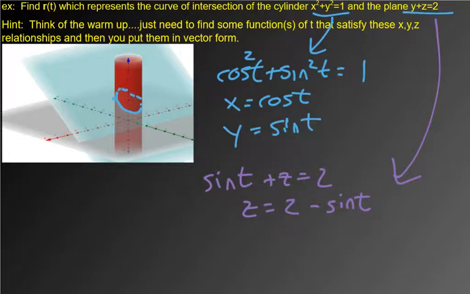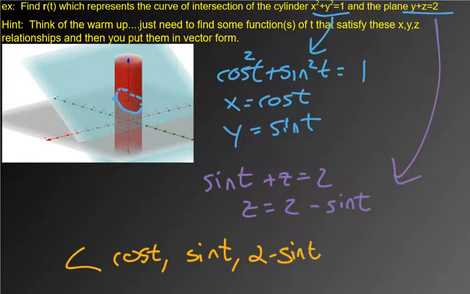And so if you want to model that vector valued function that's a curve of intersection here, you just take x, which is cosine t, y, which is sine t, and then z, which is 2 minus sine t.